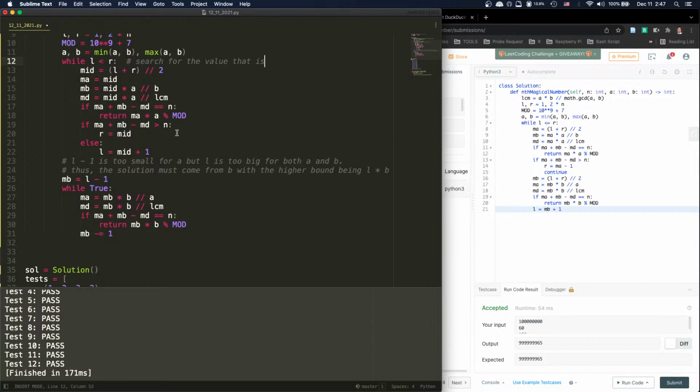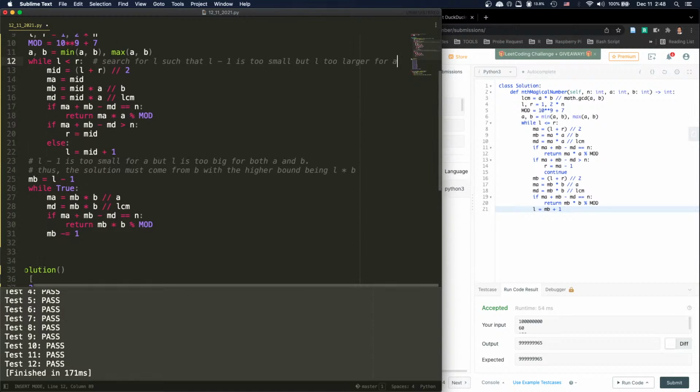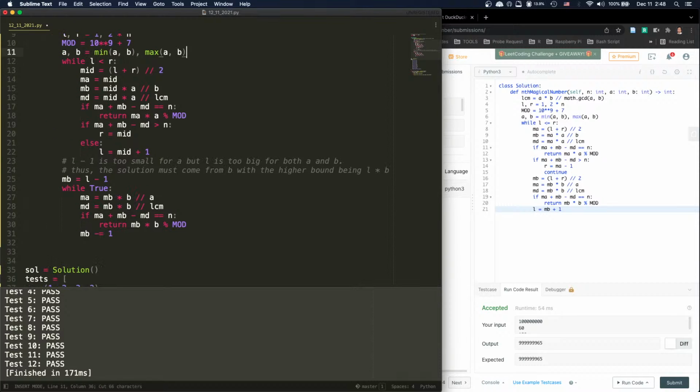All right. Search for L, right? Such that L minus 1 is too small, but L too large for A. Yes, that is correct.